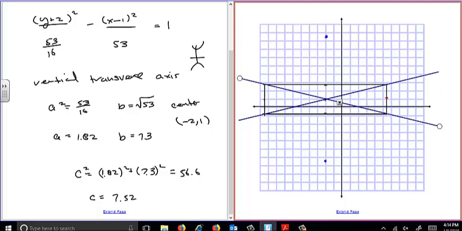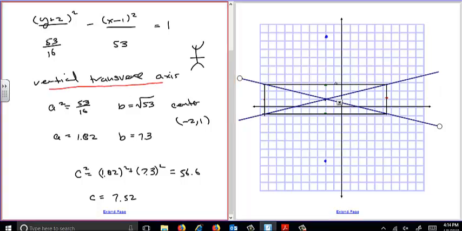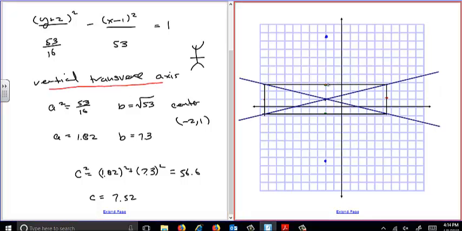And because the vertical direction is the transverse axis, we start here, this point. These two are foci. These two are vertices. These two are foci. These two points just help me define this rectangle. So it's a really flat hyperbola.